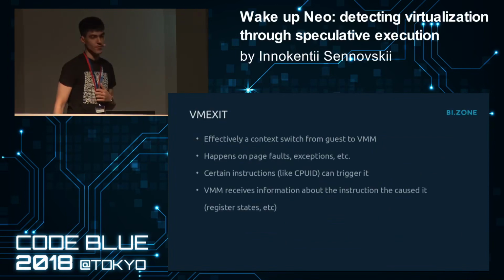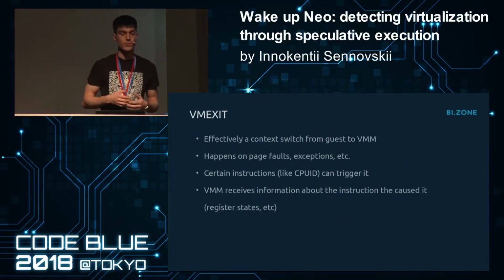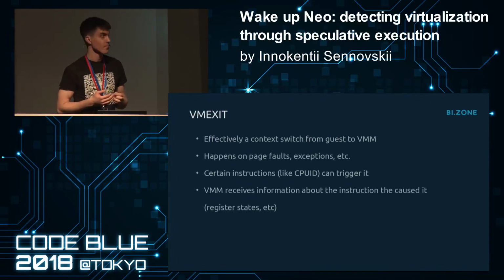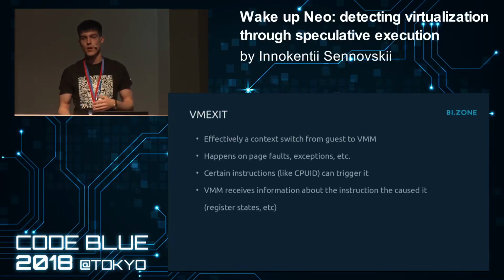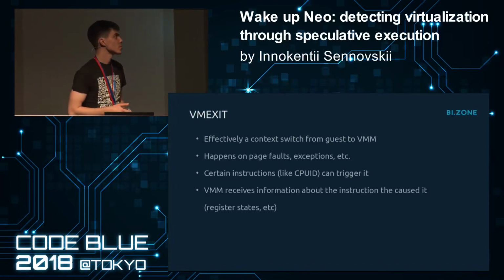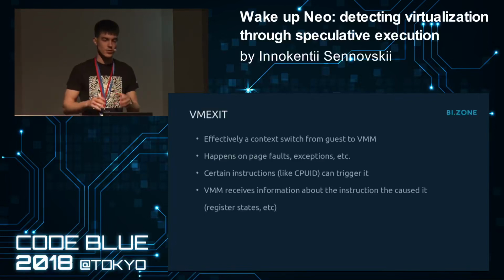VM exit is effectively a context switch from guest to VMM. It can happen under several conditions, for example, on certain breakpoints, on instructions which are emulated by the virtual machine monitor, for example, CPUID, so that the virtual machine monitor can present a different environment to the guest than the one which it's actually executed on.